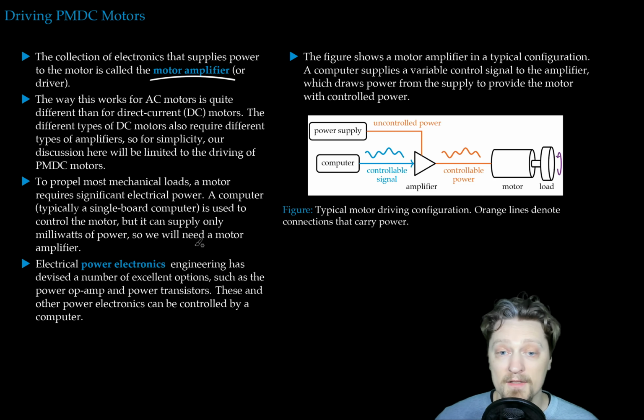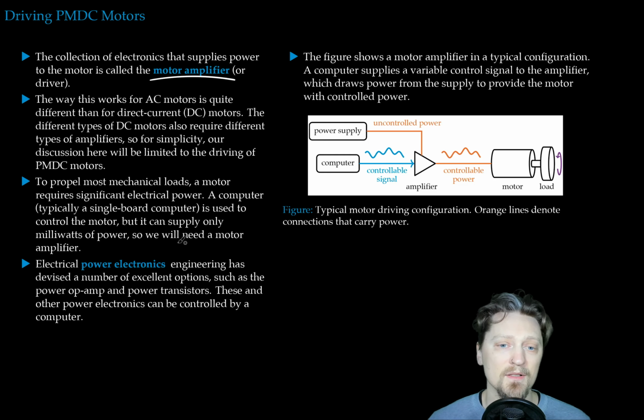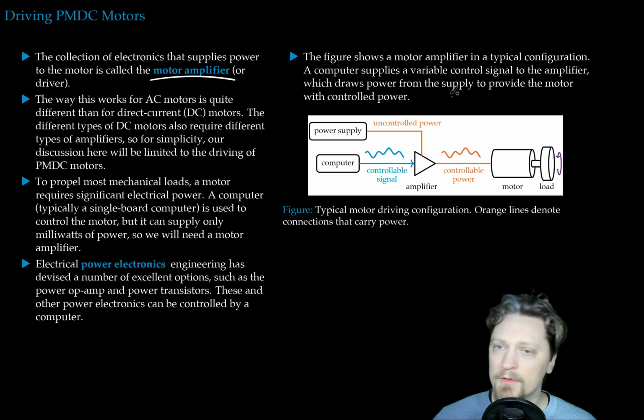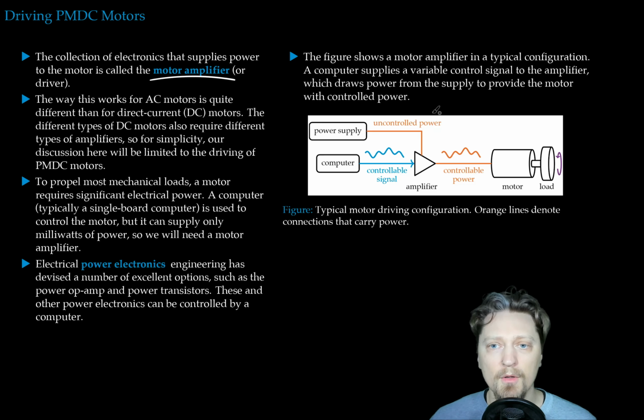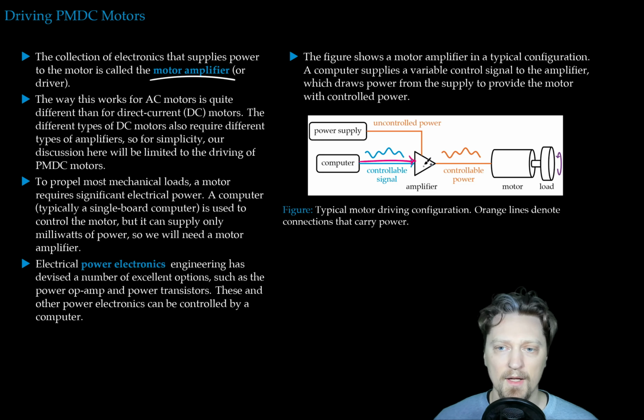Electrical power electronics engineering has devised a number of excellent options, such as the power op-amp and power transistors. These and other power electronics can be controlled by a computer. The figure below shows a motor amplifier in a typical configuration. A computer supplies a variable control signal to the amplifier, which draws power from the supply to provide the motor with controlled power.